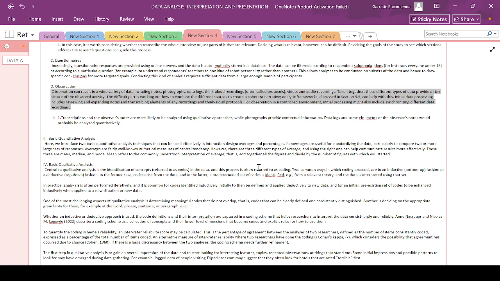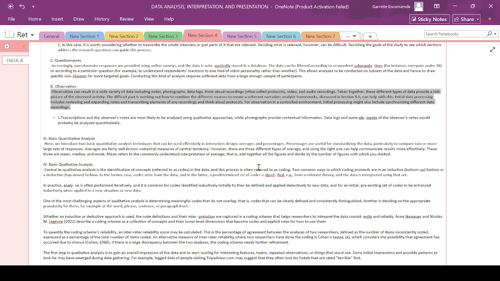So transcriptions and the observer notes are used for qualitative approach, while the photographs are for context. A photograph is good for context, to provide the introduction of the main point.